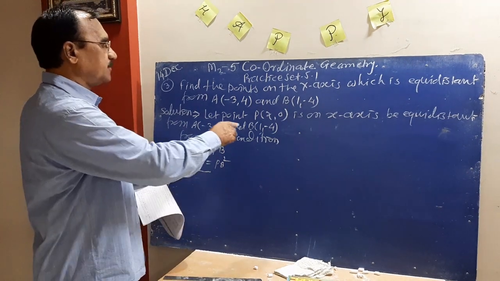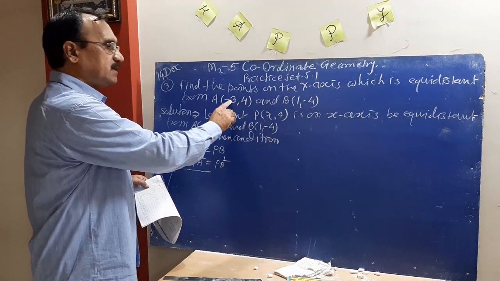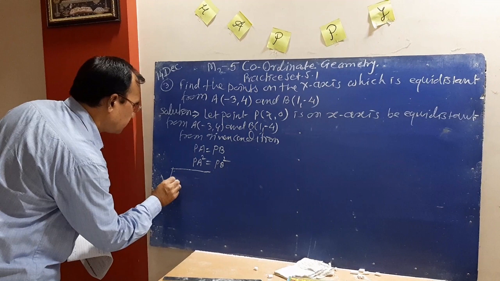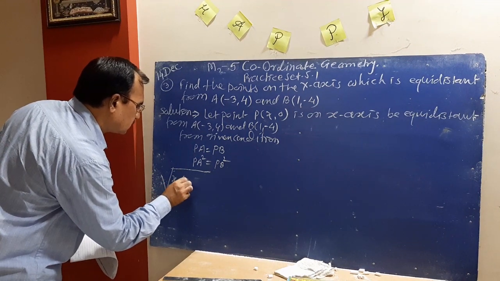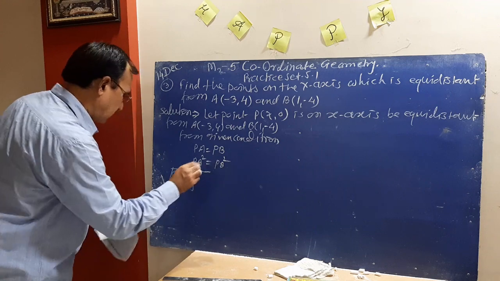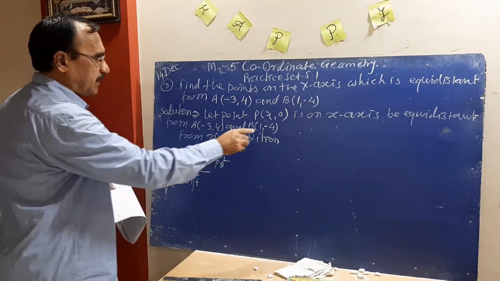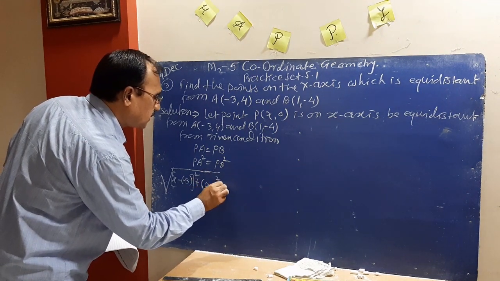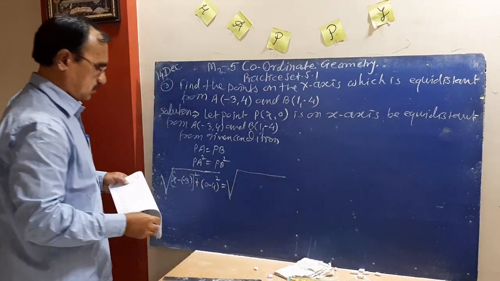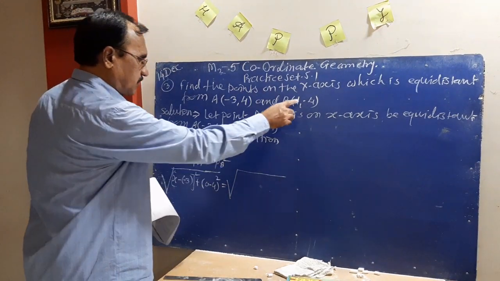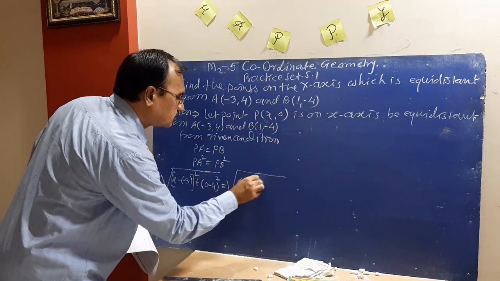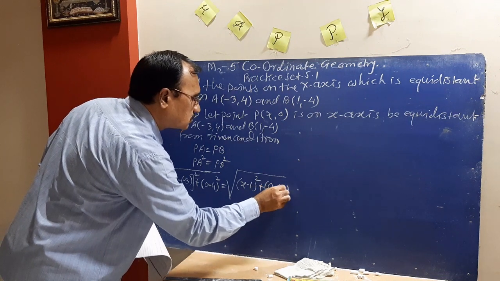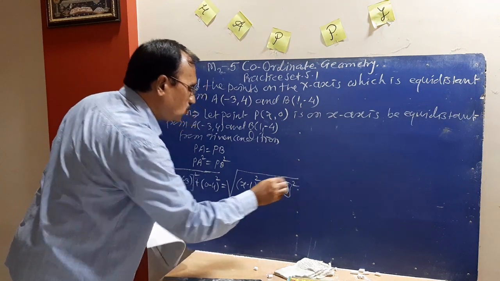Under root, (x minus minus 3), this is x2 minus x1, bracket square, plus (y2 minus y1), (0 minus 4), bracket square is equal to under root (x minus 1) bracket square plus (0 minus minus 4) bracket square.